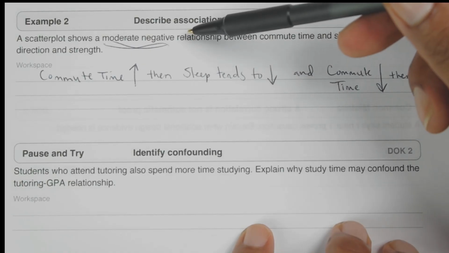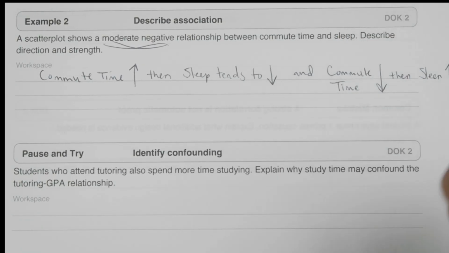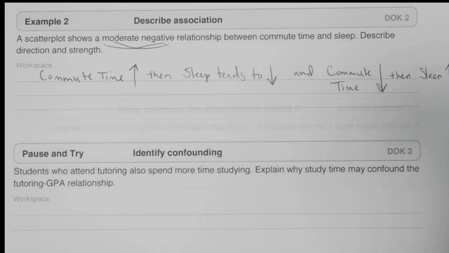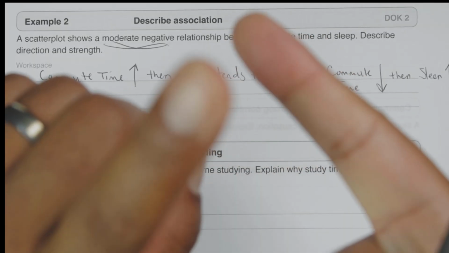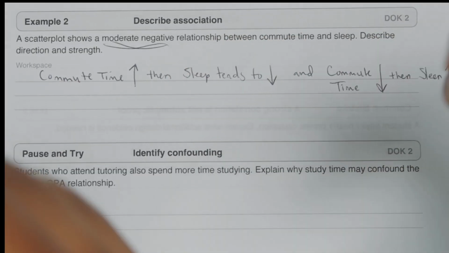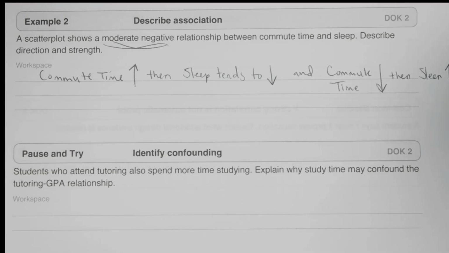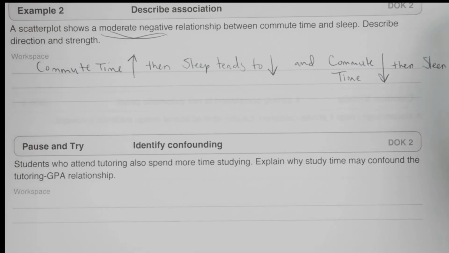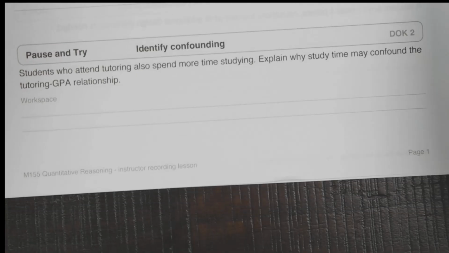We would say there is a negative, or moderately negative, association between commute time and sleep. It's not that, oh man, if you drive more, you're going to lose sleep, right?